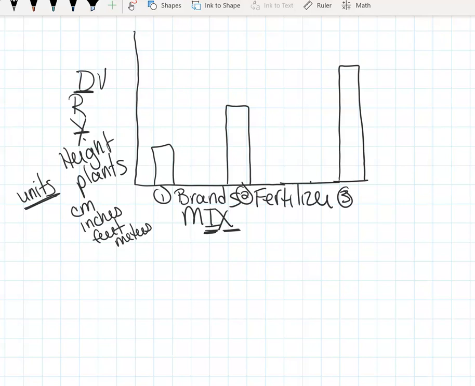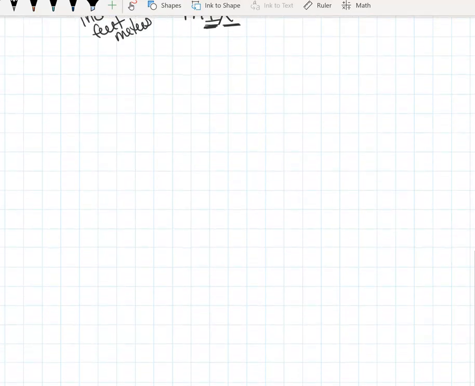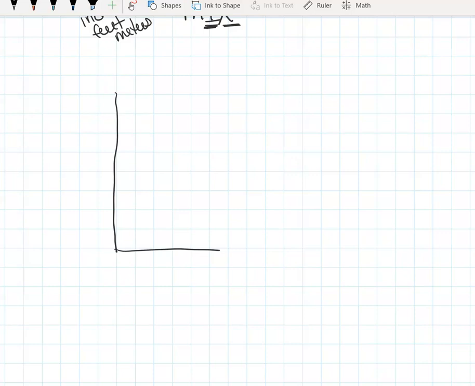If we're making a line graph, it's going to look a little different than that. Again, we have DRY MIX. If I'm changing the amount of fertilizer this time, that is the thing that I changed. So I know it goes down here on my x-axis.